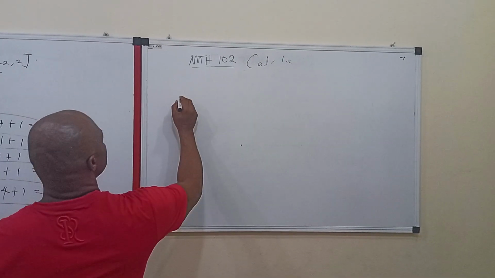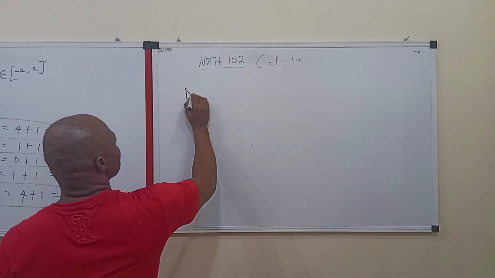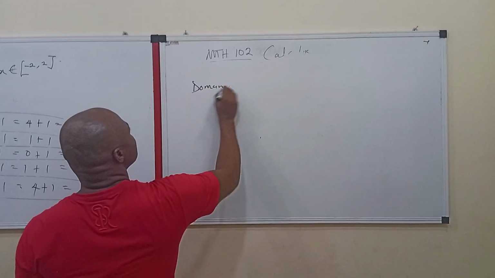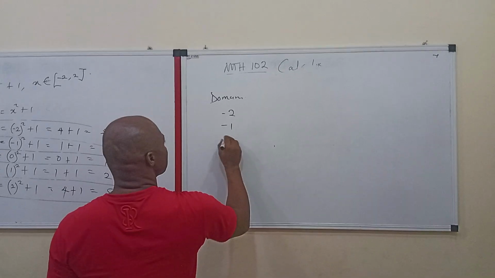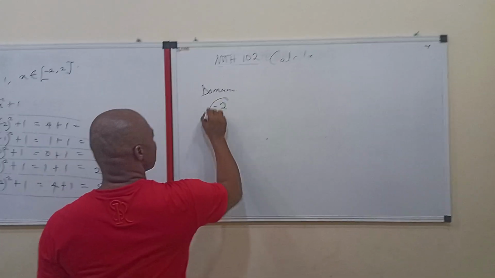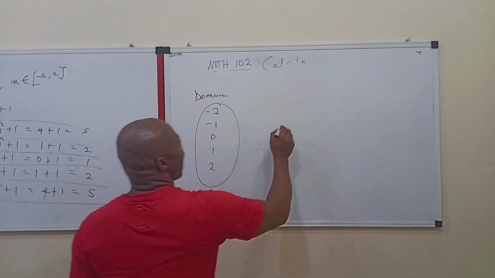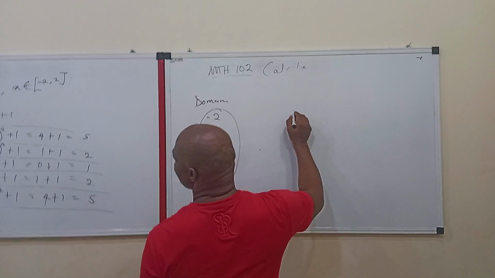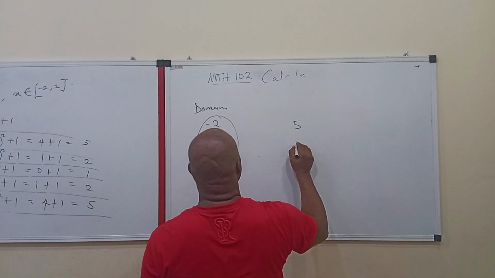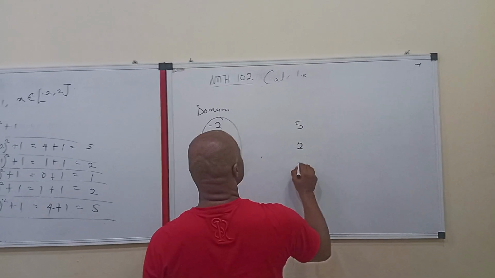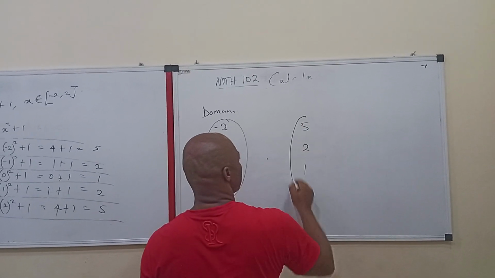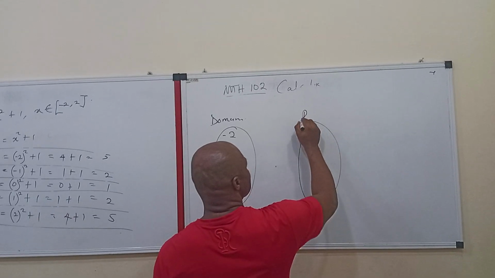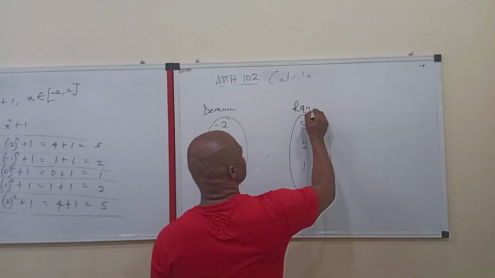For the domain values we have minus 2, minus 1, 0, 1, and 2. These are the domain values. And the range values are 5, 2, and 1. These are repeated, so we don't have to repeat them. Then these are the range values.